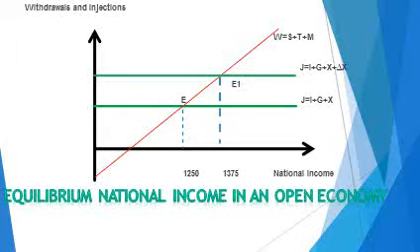The upward shift of the J means that the level of injection increases by delta X, the change in exports. And the increase in exports leads to an increase in national income from the initial value 1250 to the new value 1375, a result of the increase in exports.